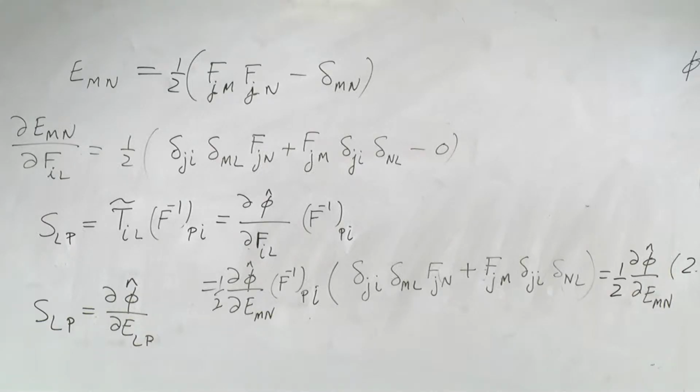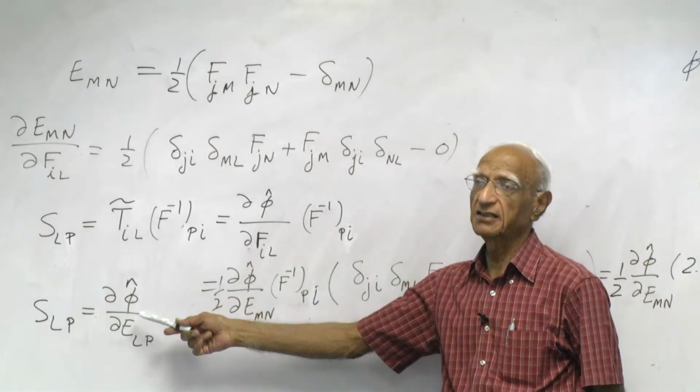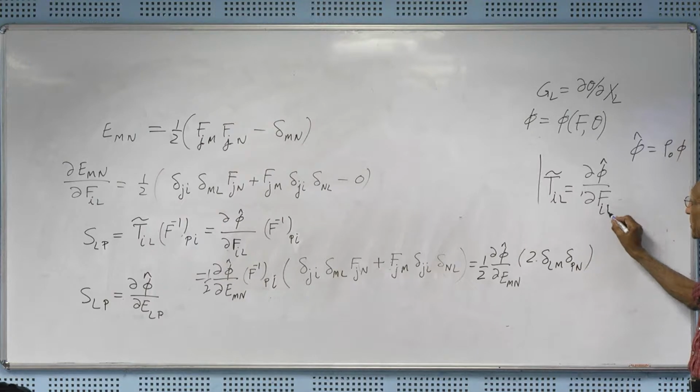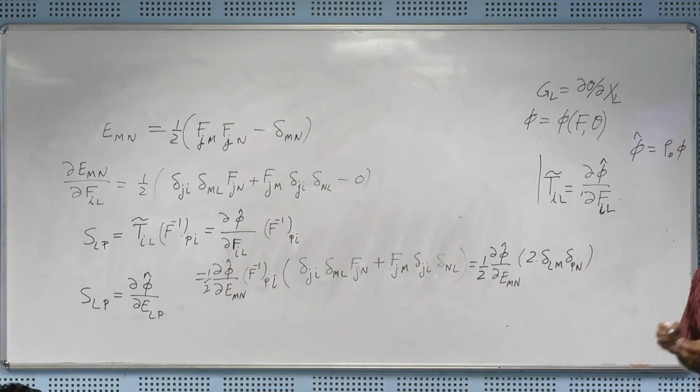Is it okay? So the second Piola-Kirchhoff stress tensor can be derived from the Helmholtz free energy by differentiating it with respect to E. Or the first Piola-Kirchhoff stress tensor can be derived by differentiating with respect to F, the deformation gradient.